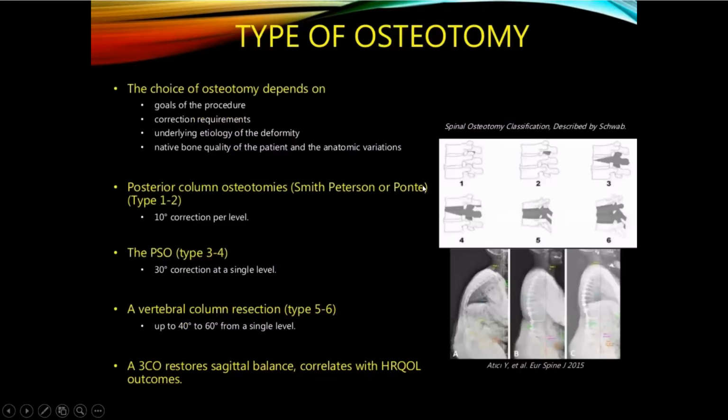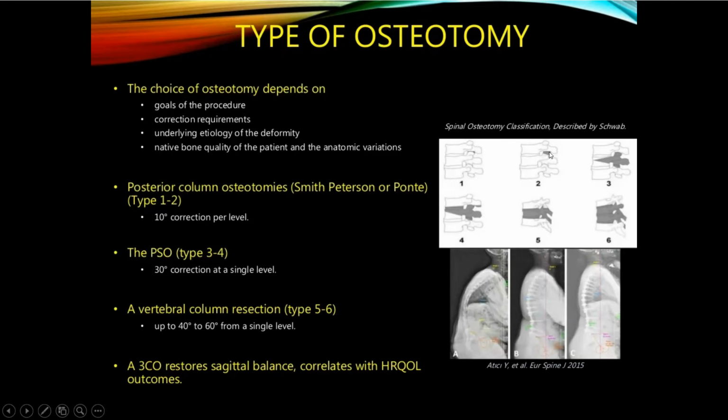So the osteotomy. You need to know the various types of osteotomies, because they are very helpful in correction. There are 6 types of osteotomies. In type 1, the facet joint and the capsule are removed.